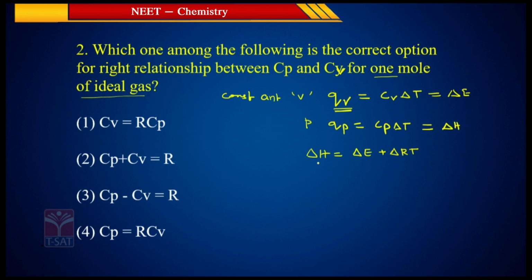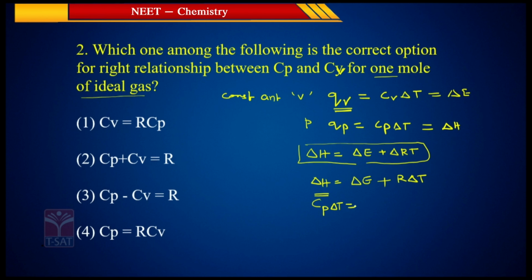So delta H is equal to delta E plus R delta T. Cp delta T is equal to Cv delta T plus R delta T. Taking delta T common, Cp is equal to Cv plus R. So Cp minus Cv is equal to R. Option 3 is correct.